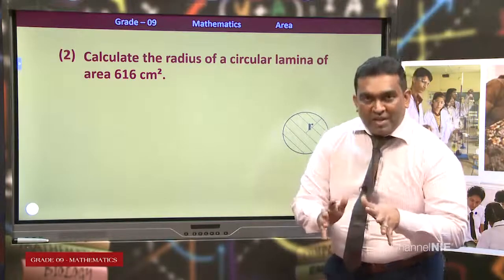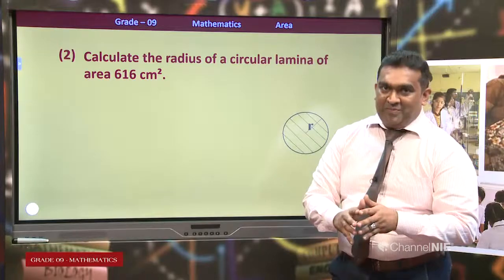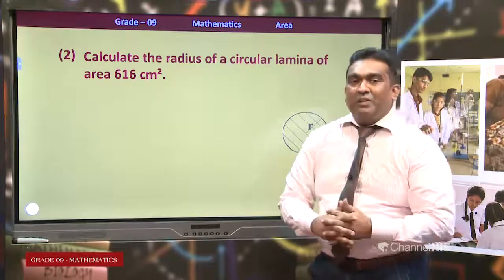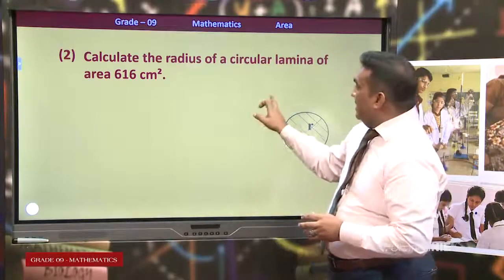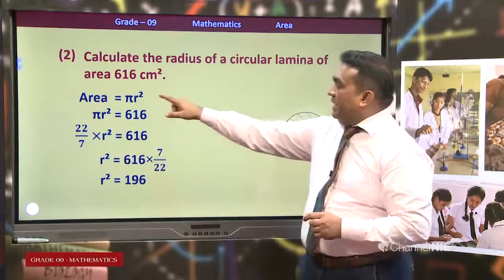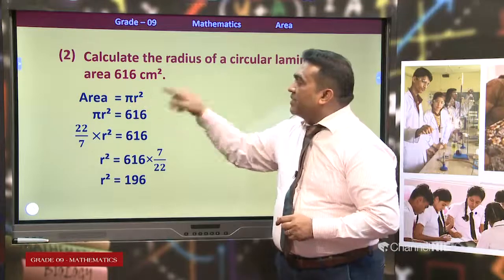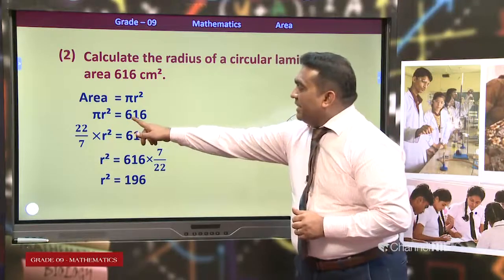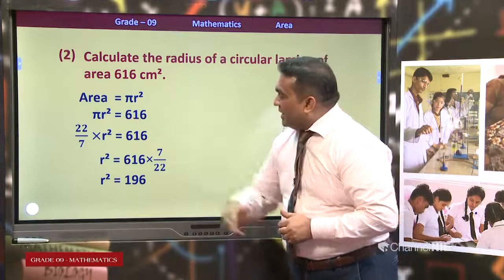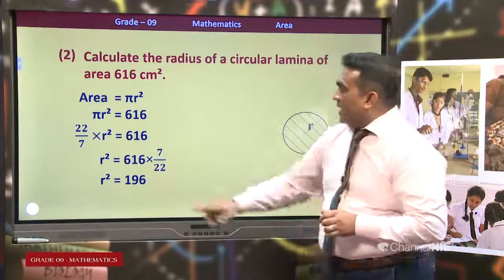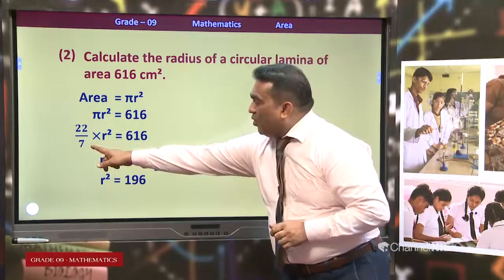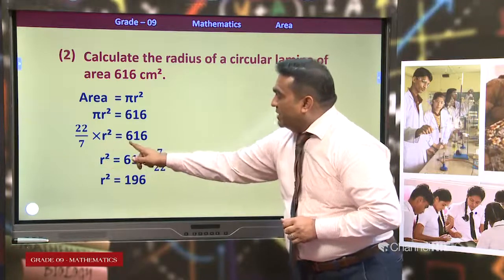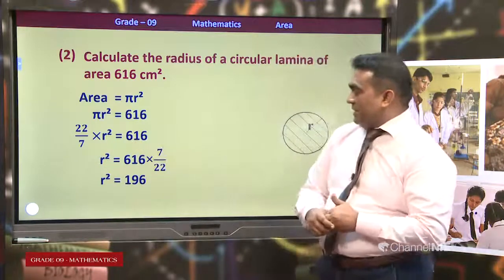Use the definition as I told you earlier. What is the formula of finding the area of the circle? Area equals πr squared. πr squared is equal to 616. Here π means 22/7, r squared is equal to 616.